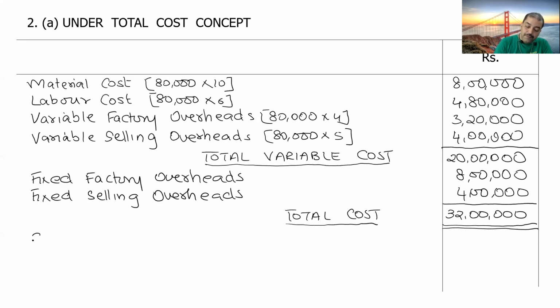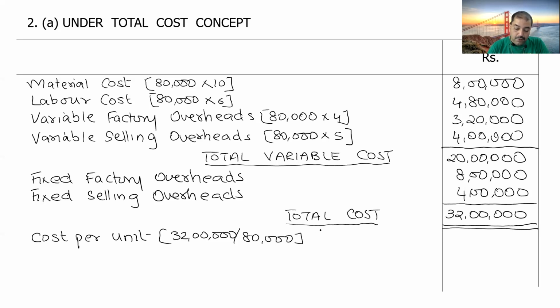Now, cost per unit: ₹32 lakhs divided by 80,000 units. So that will be 40 rupees. Markup percentage. How to find?